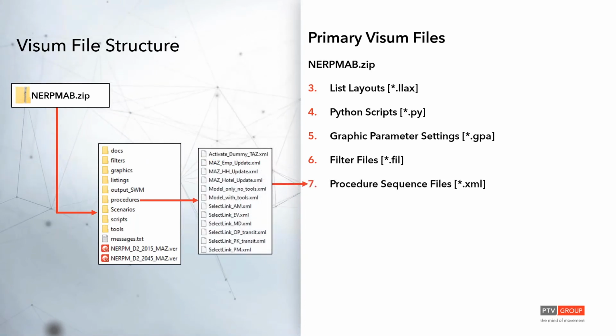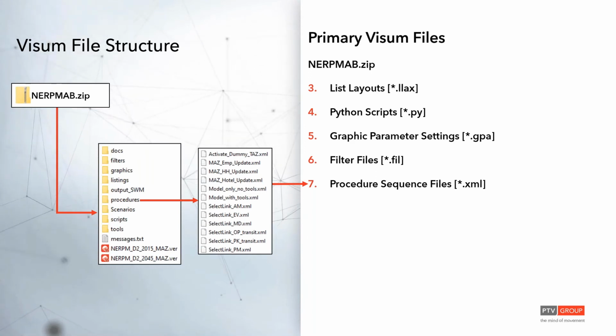Okay, and then another set of files are the procedure sequence files. Sometimes they are referred to as procedure parameter files, and the extension for these files is .xml, and you would find these files in the procedures subdirectory. In Visum, a procedure sequence is a framework where you can tell Visum what operations to implement and in what sequence.